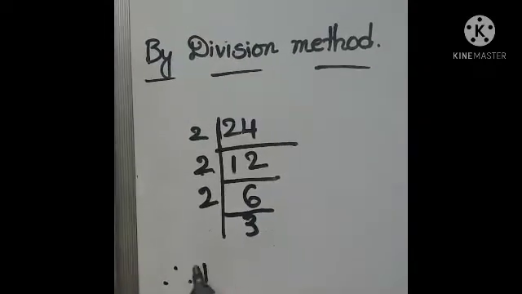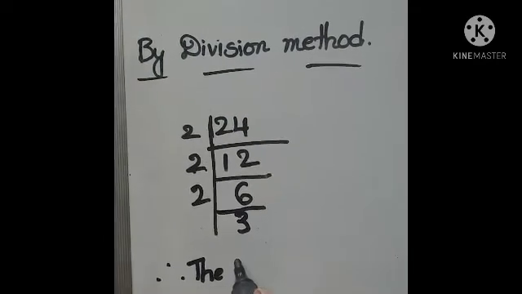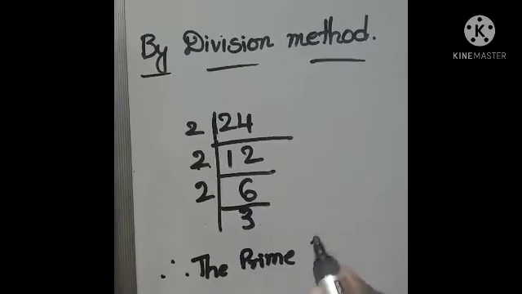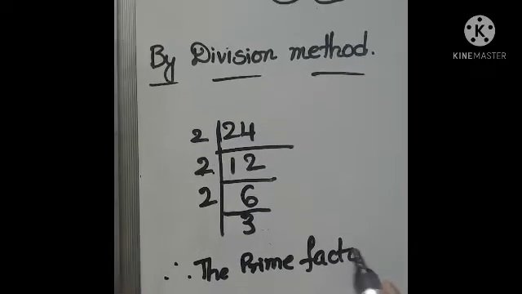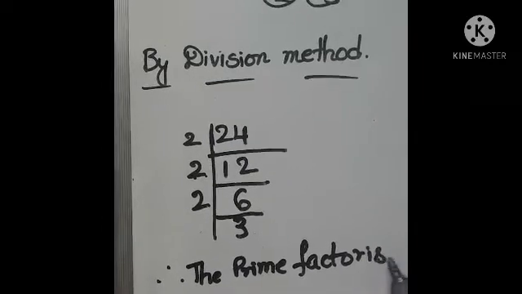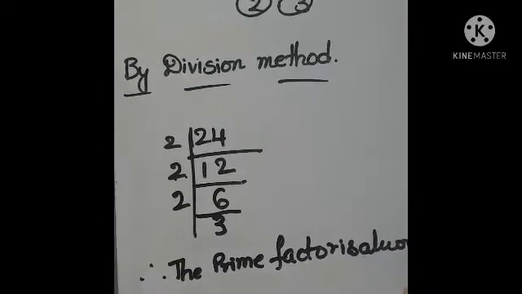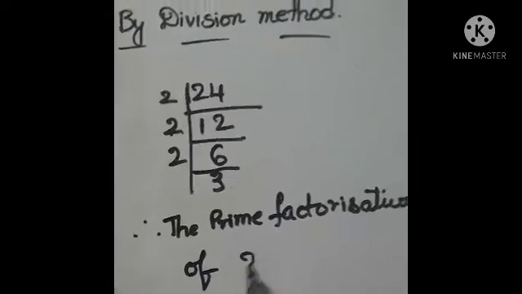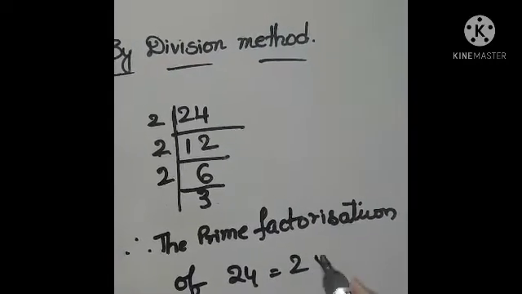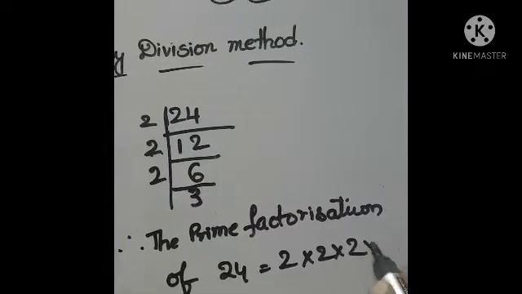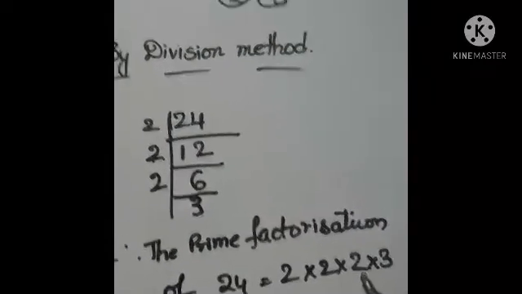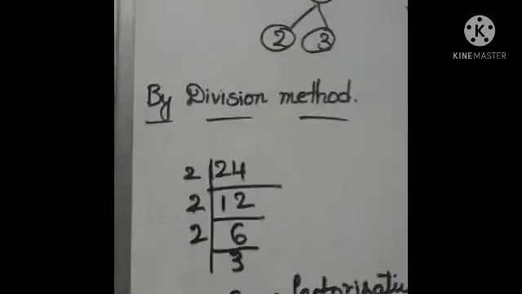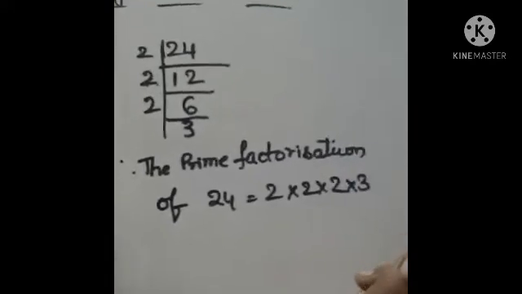Therefore, the prime factorization of 24 is equal to 2 into 2 into 2 into 3. Both give the same answer, only the methods are different.